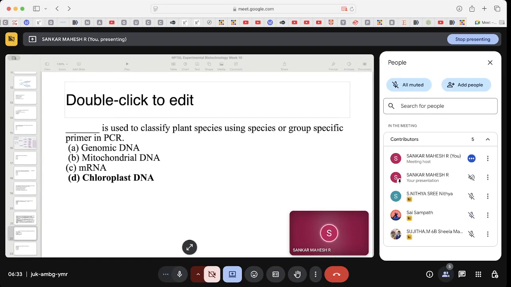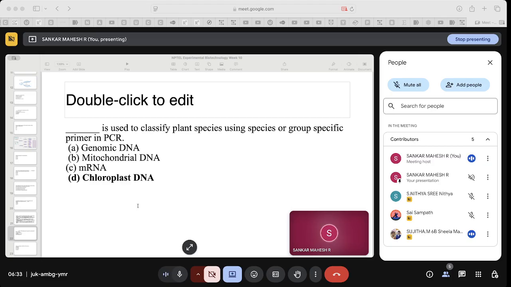Okay, no issues. Others, Nityashri and Sujita, any idea as to what particular species will help us differentiate between different prokaryotes? Sorry, what viral?